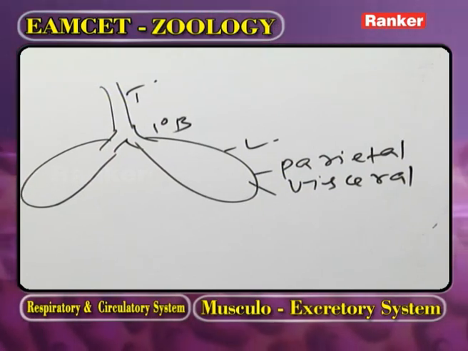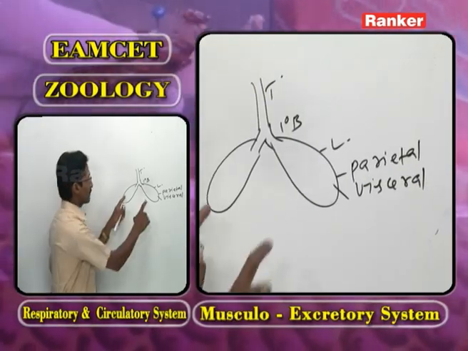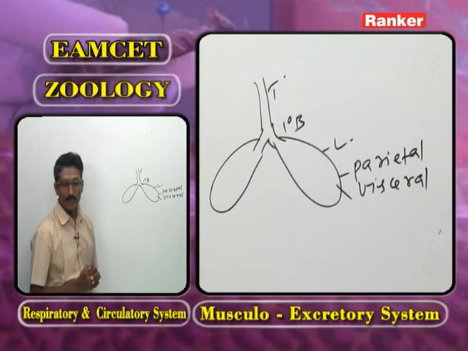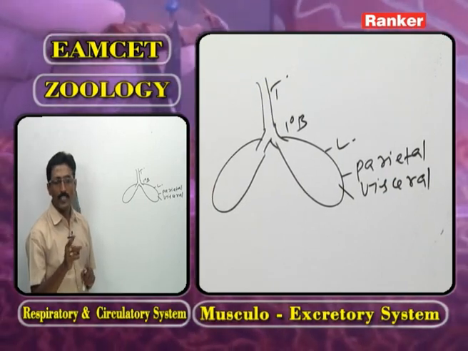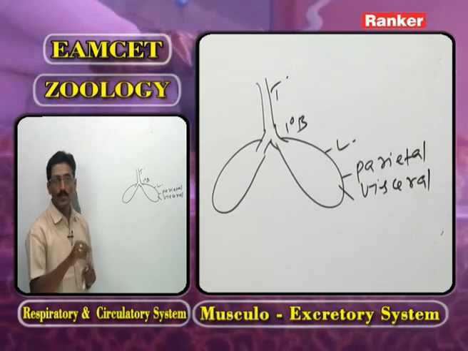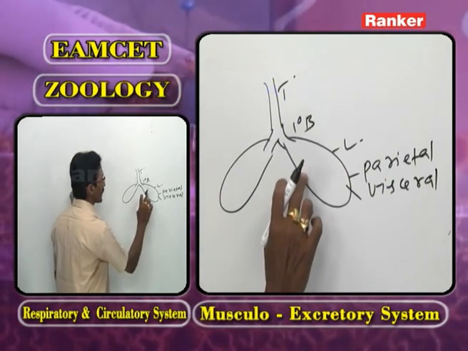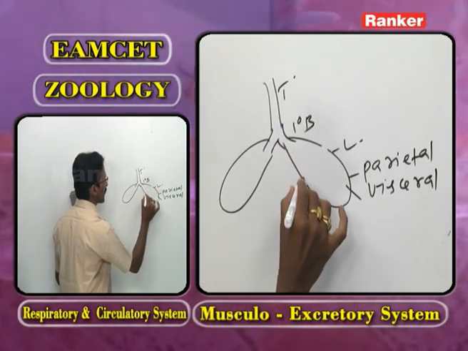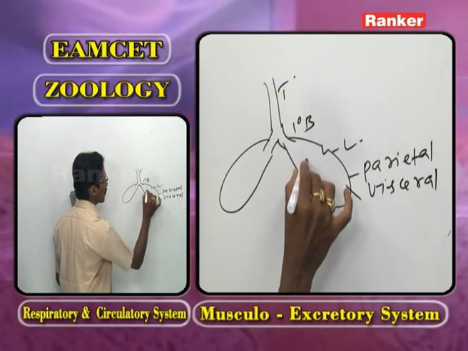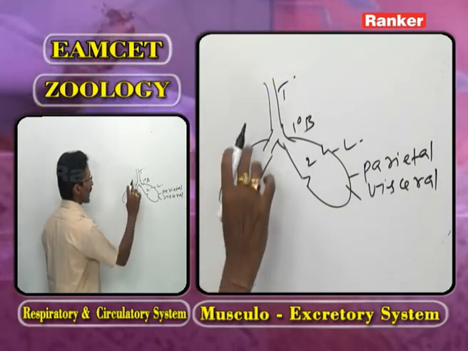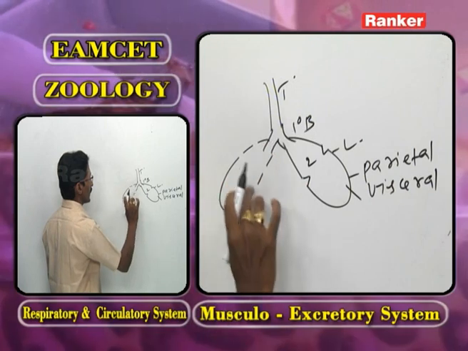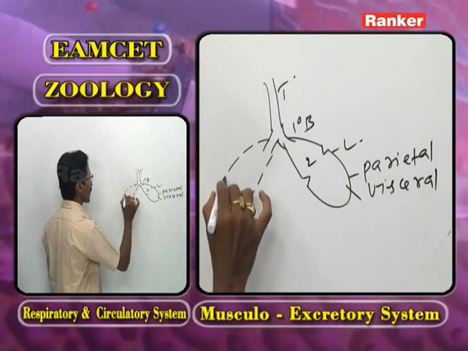Now first observe, the lungs are spongy. Now these two are spongy with 4 lobes in the left lung and 2 lobes in the right lung. But here in the left lung, how many lobes are present? 2. Now as we observe the right lung, how many lobes are present?